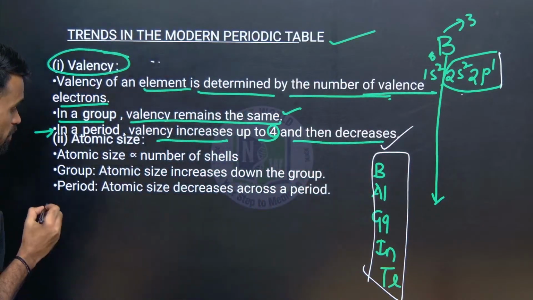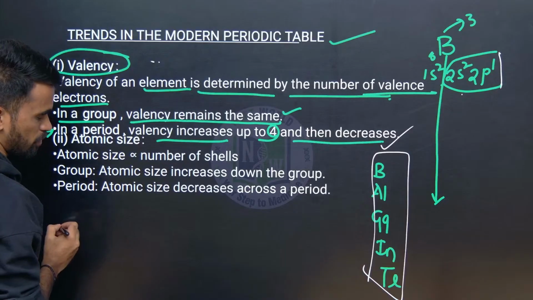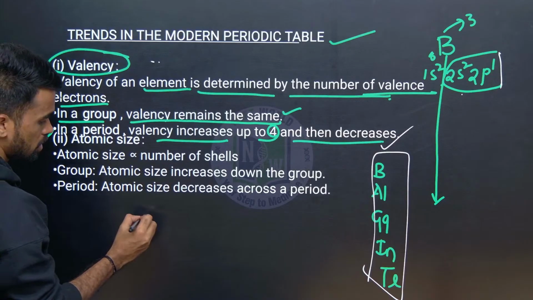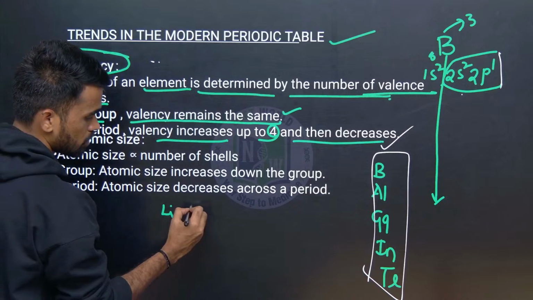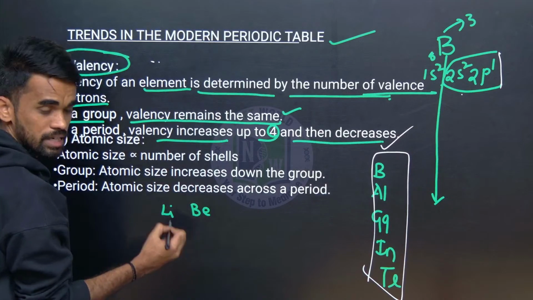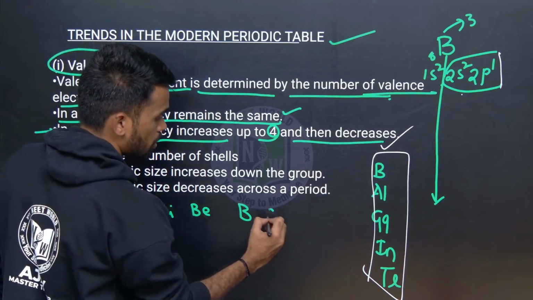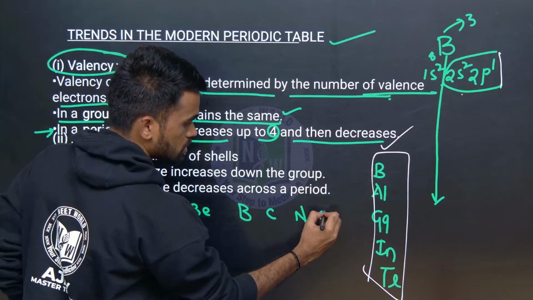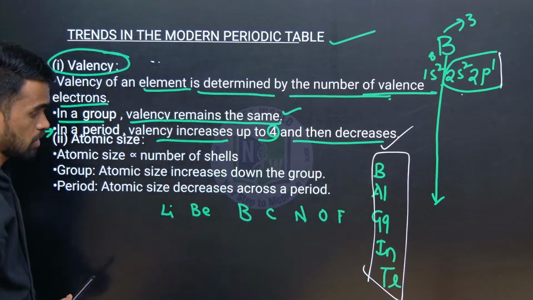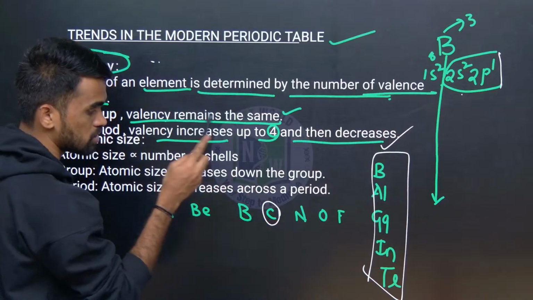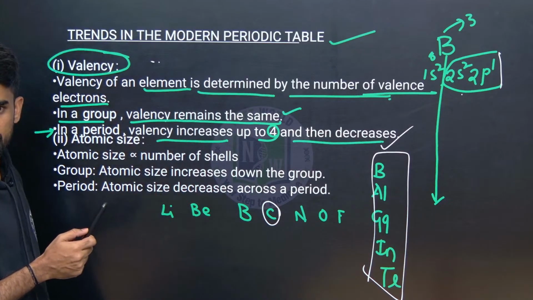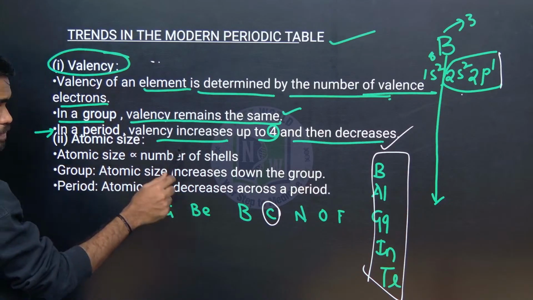It means if we consider second period elements, what are the elements we have? Lithium, beryllium, boron, carbon, nitrogen, oxygen, fluorine, like that we can write. Here the maximum number of valency electrons participating will be 4.